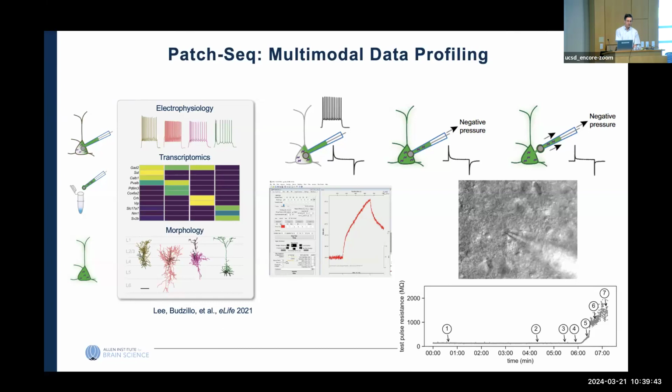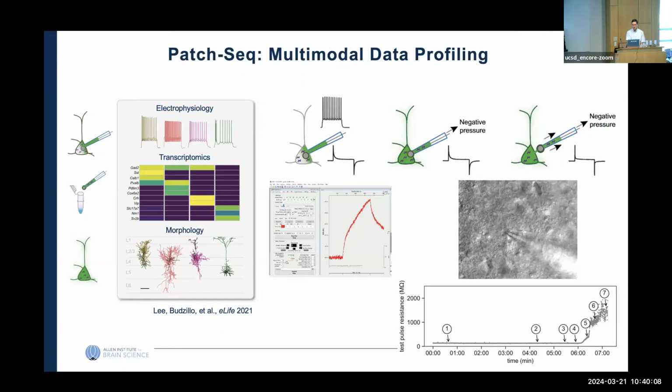It would be great if we could do this time and time again, but there are several complications. One is that, as you can imagine, getting all three of these to work reproducibly each time introduces a lot of error. It's very destructive, it doesn't always work, and it's slow too, right? We do this at the Allen Institute. We have thousands of cells profiled in this way.